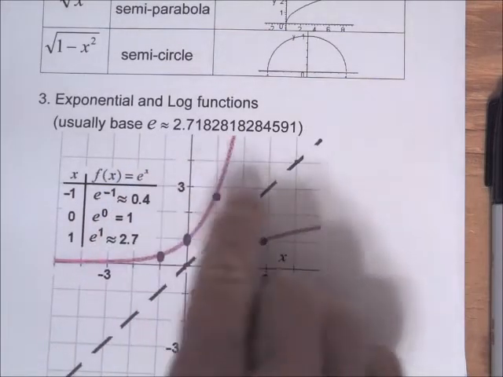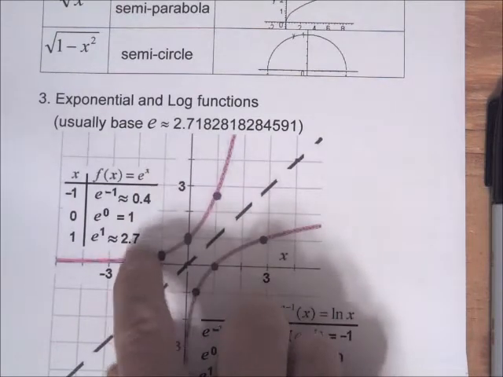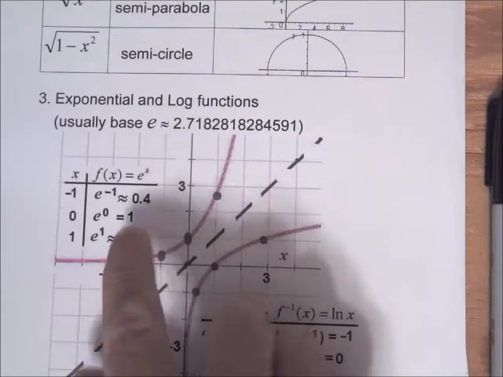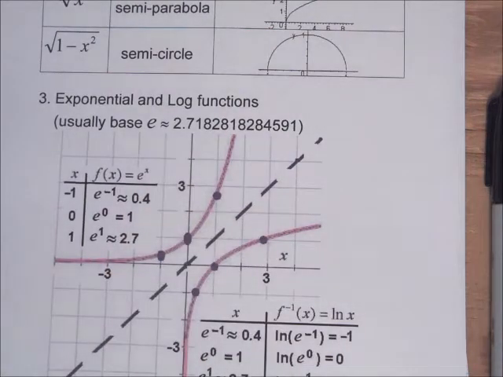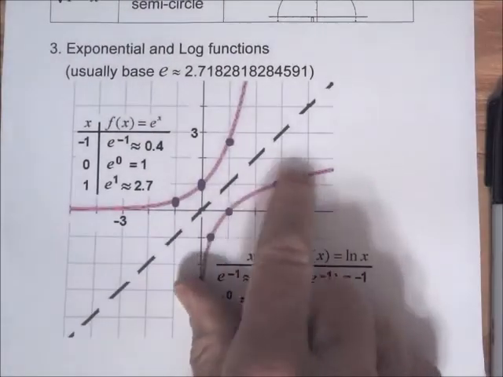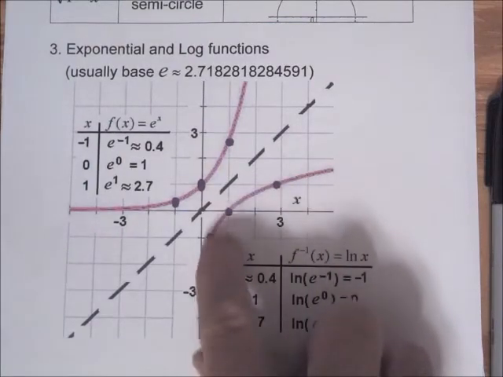One thing is that for base e, the equation for the slope is the same as the equation for the original function, but we'll say more about that later. And then the inverse of the exponential function is the log function. Ln stands for log base e, and again it's called the natural logarithm.